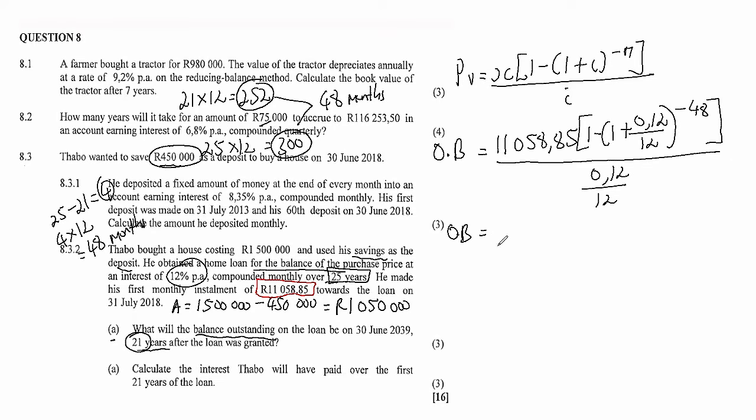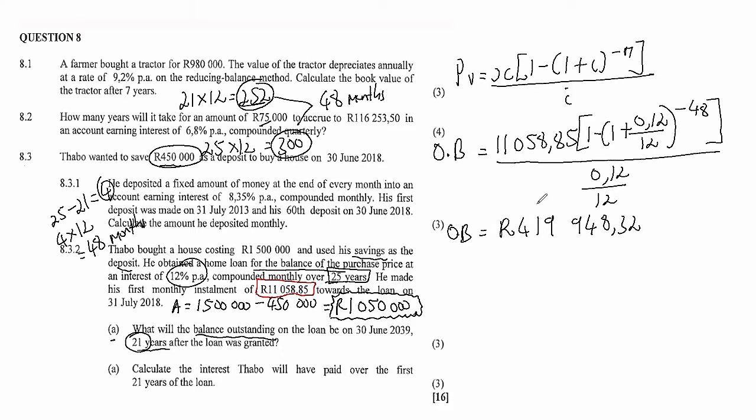So now we find that if he has already made 252 payments in 21 years, then that means he will only be left with 419,948.32 to pay off from the loan value, or the value of the loan.